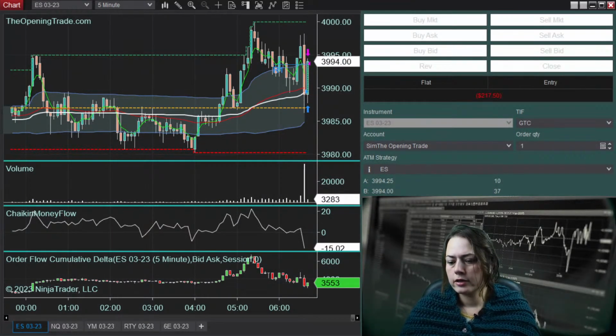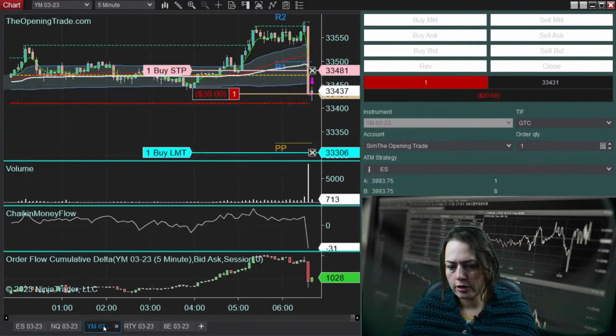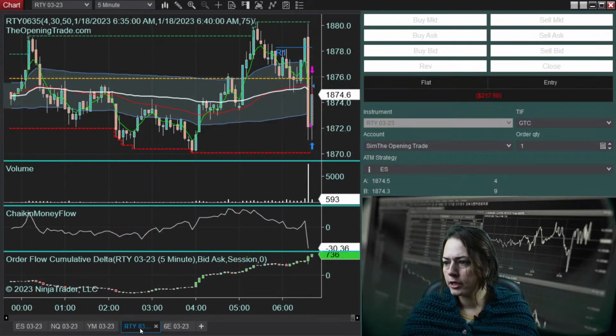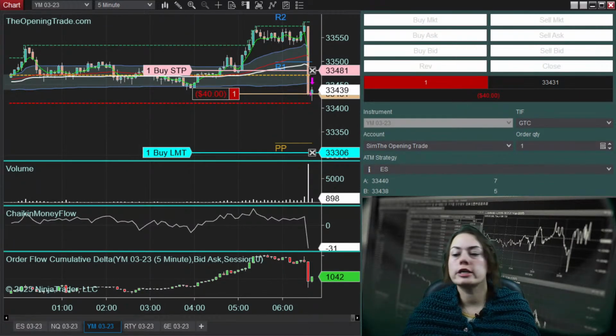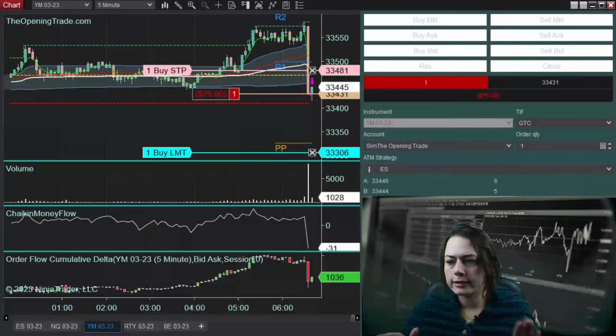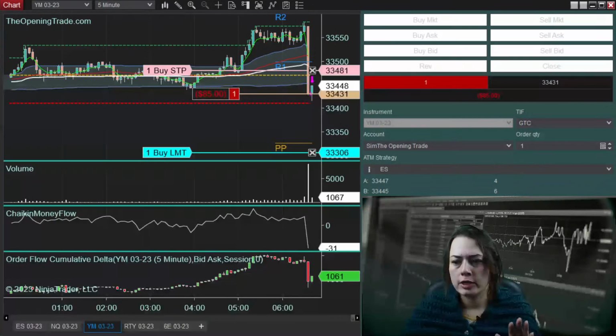Target filled. Okay, so we have to check our YM. The YM is still in a trade, and the Russell closed its trade. So we're current. That was 2 trades automatically at the same time. We're in our 3rd trade.